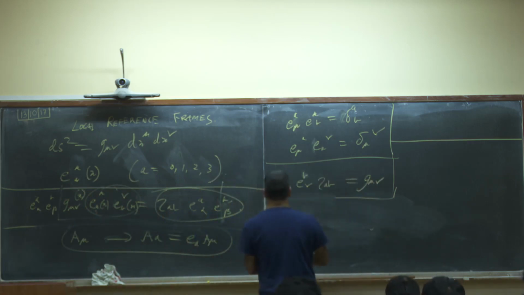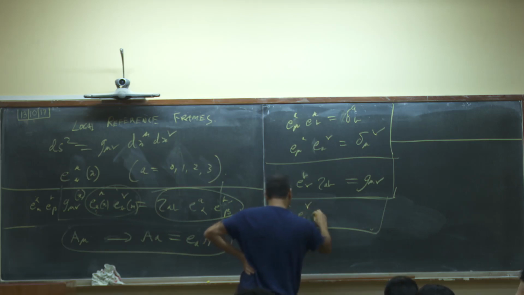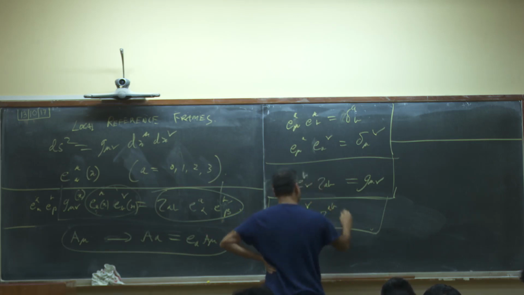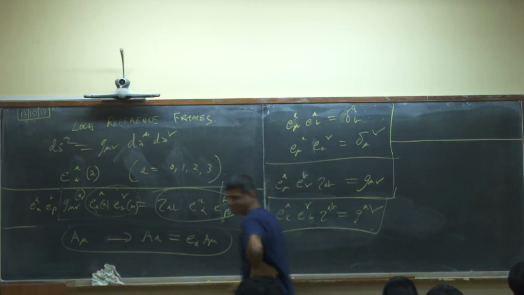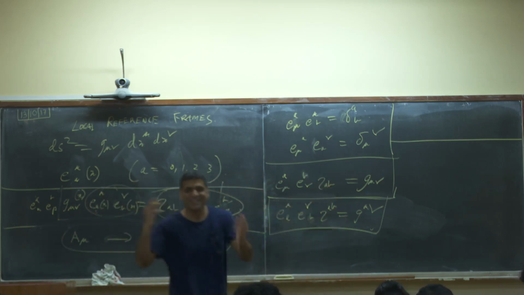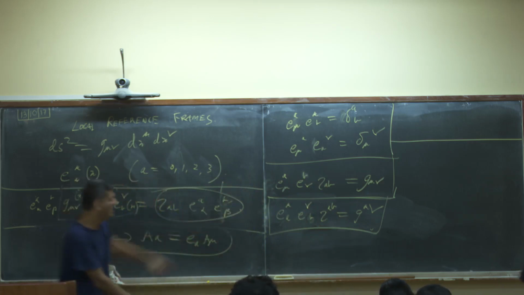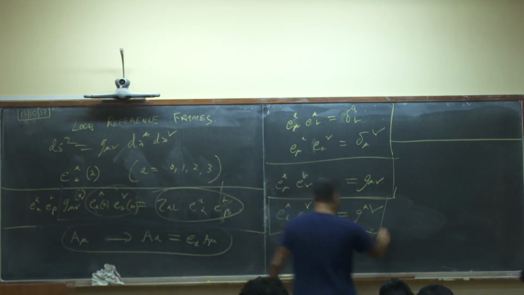Similarly, we have E mu A, E nu B, eta AB is equal to G mu nu. I'm just going to write down all of these identities and I'll leave you to exercise your ingenuity. You're better at it than I am, to prove these things.